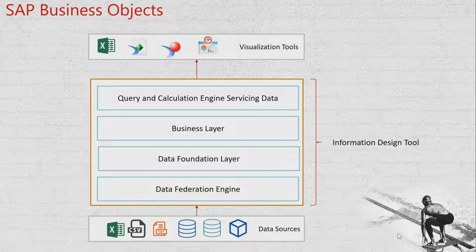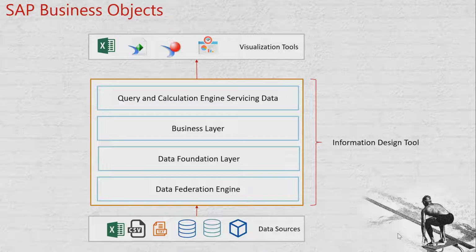On top of that, we are going to build the business layer, where we can create different folders, business naming conventions, and then calculated fields, expressions, and so on. We can create everything in the business layer, and finally that can be deployed to the repository.